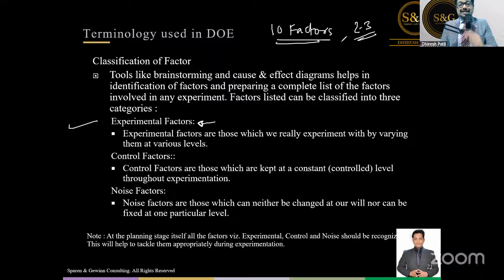The major reason is L raised to F. Let's take this example, okay? Imagine instead of 3 factors, if we select 4 factors, how many runs will there be? 2 raised to 4 is equal to 16. So I have to do 16 experiments. What if I take 5 factors? Then how many experimental runs do I have to do? 32 runs.